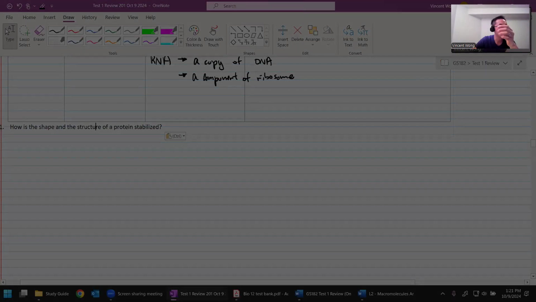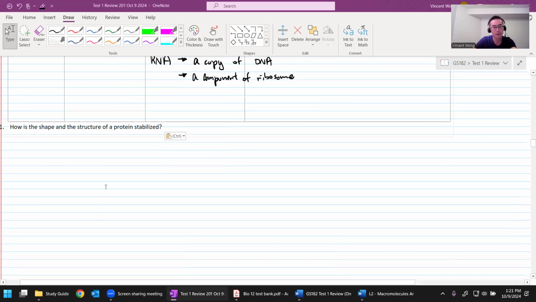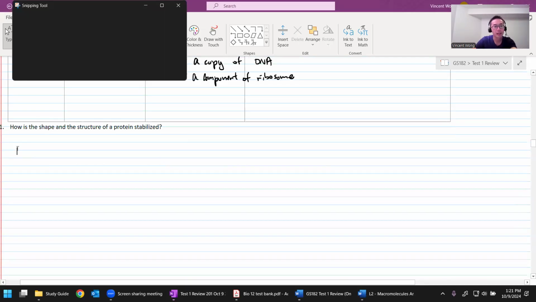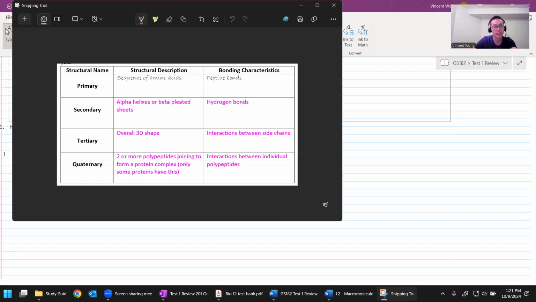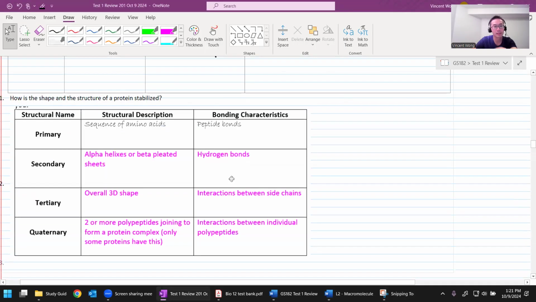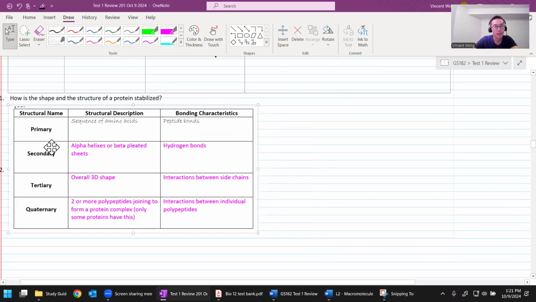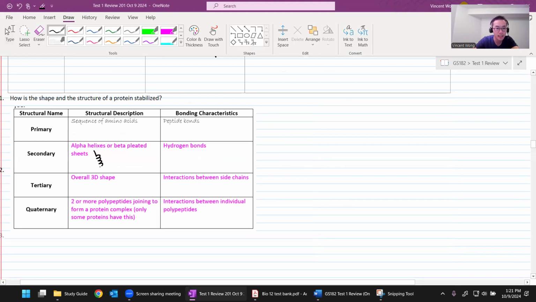You should review the difference between them. In the earlier study guide, there it is. This is the answer key, right? So primary is basically the sequence of amino acids, and then secondary is when they form the alpha helices, or the beta sheets.